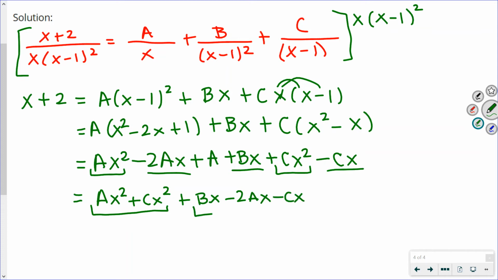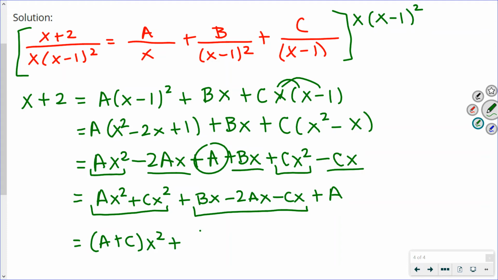There's my second group for my x term, and then all that's left is this lonesome plus A. We're going to factor out what they have in common, so this one has an x² in common, so I'm going to have (A + C)x². These all have an x in common, so here I'm going to have (B - 2A - C), and then an x, and then A is just by itself.